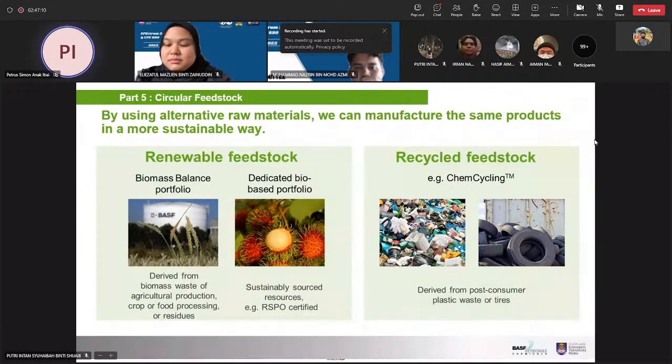The biomass balance portfolio is derived from the biomass waste of agricultural production, crops, or food processing residuals, and the dedicated biomass portfolios. We are looking for sustainably sourced resources, like RSPO certified. And we go for recycled feedstocks like ChemCycling, which is derived from post-consumer plastic waste and tires.